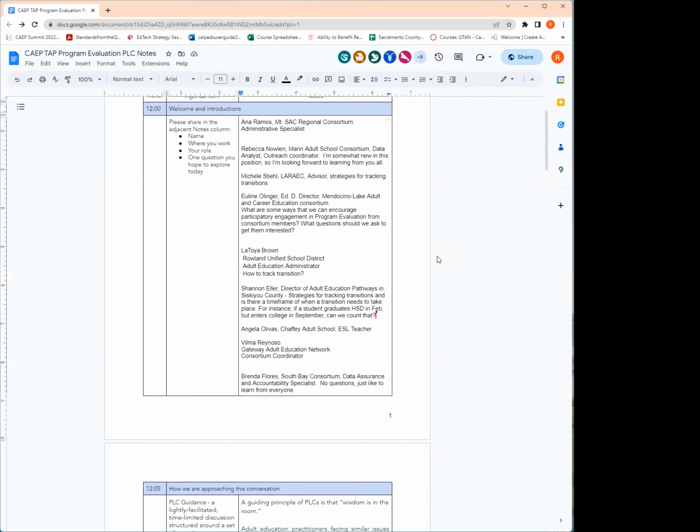But I think where we get the hang up is if students, unless they tell us that they are transitioning to the college, that's where we lose that transition a lot. And sometimes we find out months later, oh, they did go to college, but at the time when they stopped or finished their goal with us, maybe they didn't know they were going to college.